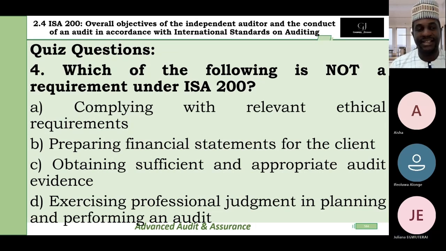All right. Number 4, which of the following is not a requirement under ISA 200? Complying with relevant ethical requirements, preparing financial statements for the client, obtaining sufficient and appropriate audit evidence, exercising professional judgment in planning and performing an audit. Which of the following is not? B. Okay. J and A, so fast.